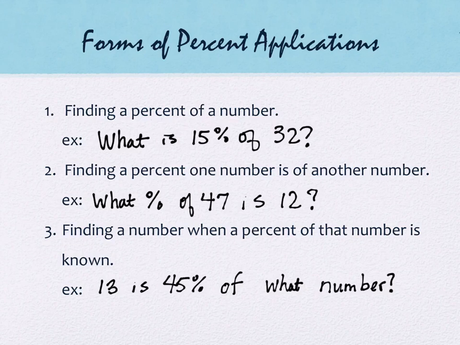Again, 13 and 45 are made up numbers, but can you think of scenarios again in a real world context where they'd be worded maybe like this?